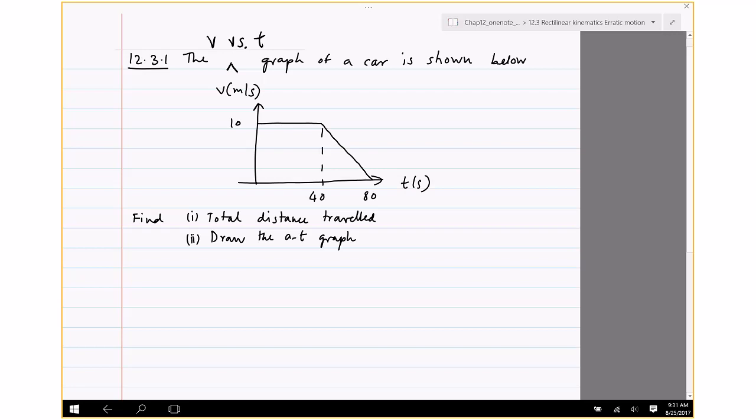The velocity is constant for the first 40 seconds, and then it changes in a linear fashion from 40 to 80 seconds. The figure is not to scale, I'm sorry about that. You have to find the total distance covered, and you have to draw the acceleration time graph.